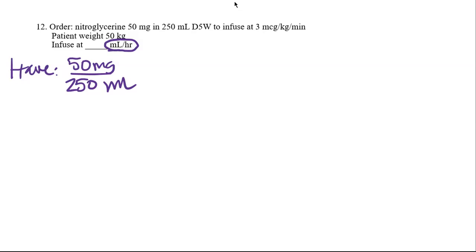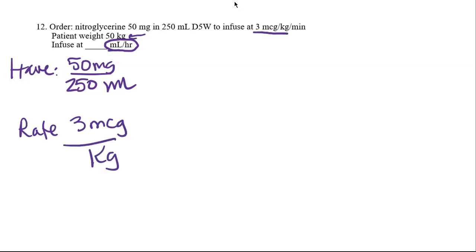Then we're going to start with 3 micrograms per kilogram. We look at part of the rate here: 3 micrograms per kilogram times 50 kilograms. So 3 times 50 is going to be 150, right? 150 micrograms.